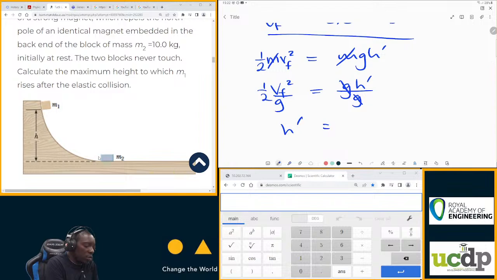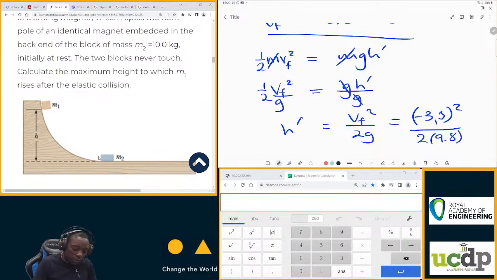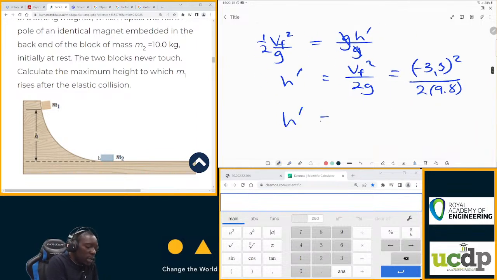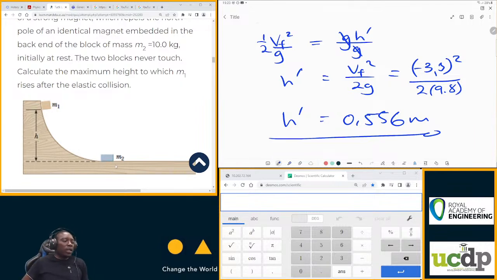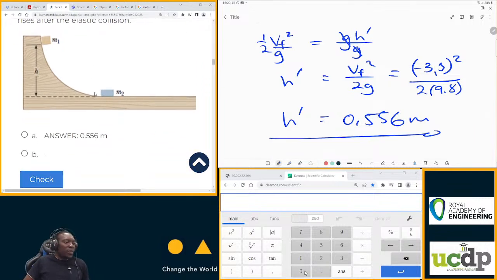So h equals VF squared over 2g, which is negative 3.3 squared divided by 2 times 9.8. And this gives us a rebound height of 0.556 meters. Okay.